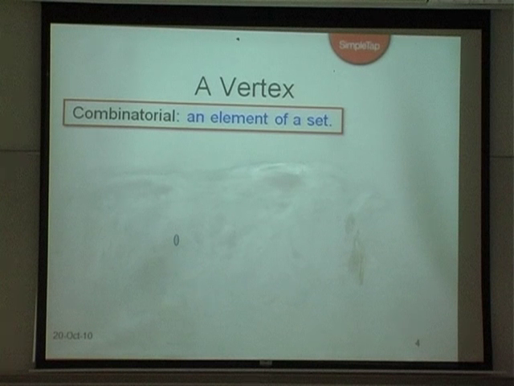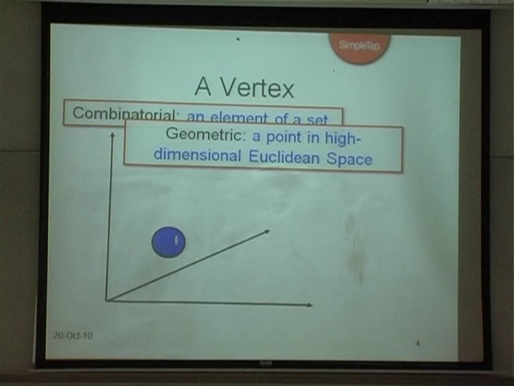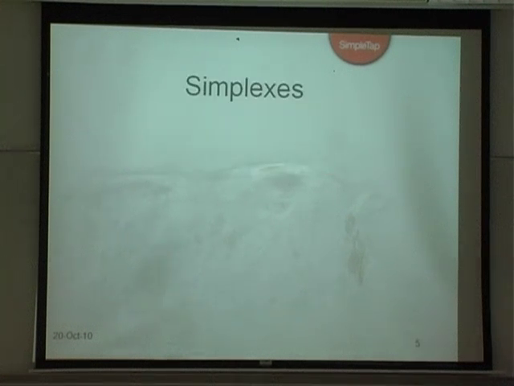A vertex, in a purely combinatorial sense, is just an uninterpreted element of a set. Later on, we'll add a little bit more baggage, but you can think of it that way. From a geometric point of view, you can think of a vertex just as a point in a high-dimensional Euclidean space. So we're going to move back and forth between thinking of a vertex as just an abstract object and something that lives in actual space.